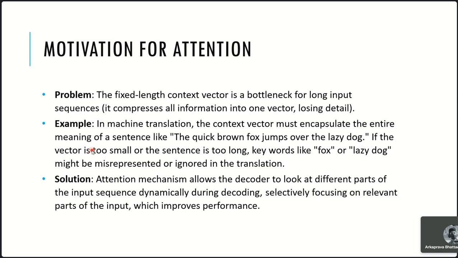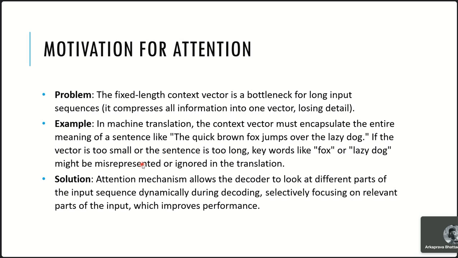In machine translation, the context vector must encapsulate the meaning of a sentence, for example, the quick brown fox jumps over the lazy dog. If the vector is too small or the sentence is too large, then keywords like fox or lazy dog might be misrepresented or ignored during the translation.